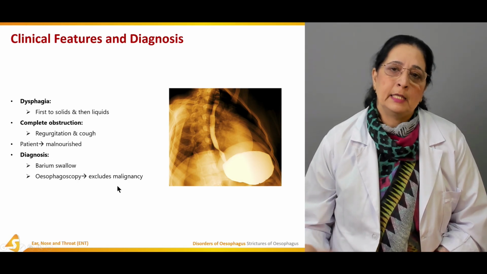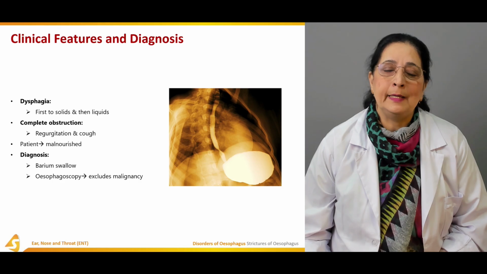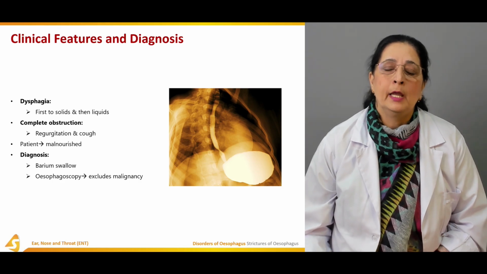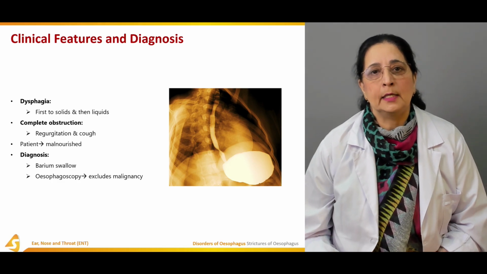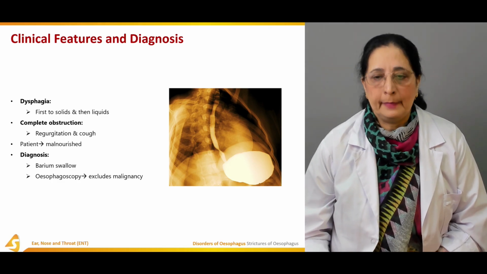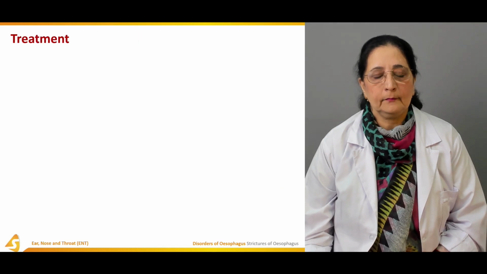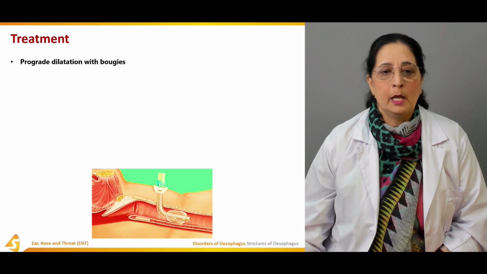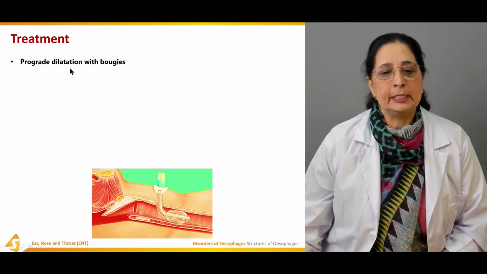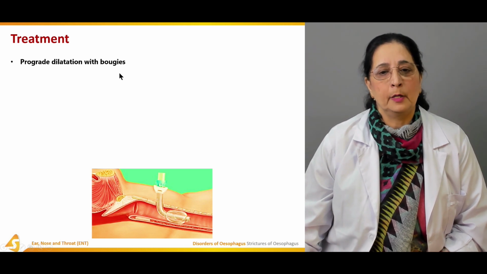esophagoscopy, which is helpful in excluding any malignancy, any growth. Tissue is removed and a biopsy is performed if there is any growth, so it excludes malignancy. Treatment of the condition: prograde dilatation with bougies.